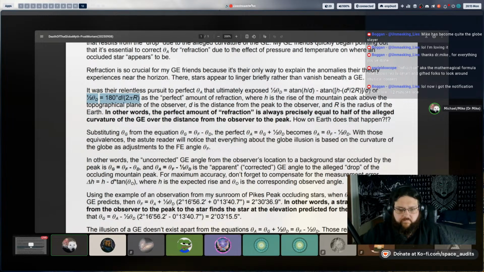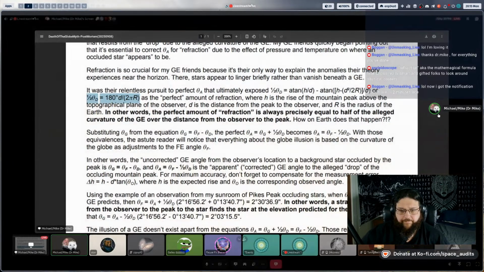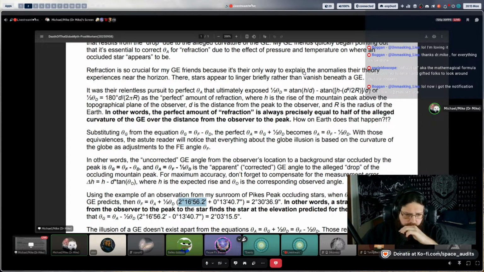Every time we're talking about the angle, like in Pike's Peak case, that's the one that would be 2 degrees 17 arc minutes if it were perfectly corrected. So perfect correction is 2 degrees, 16 arc minutes, 56.2 arc seconds, and that's a misprint.